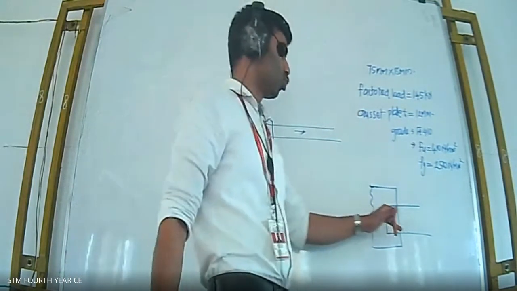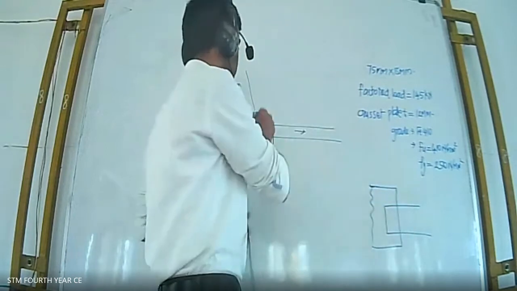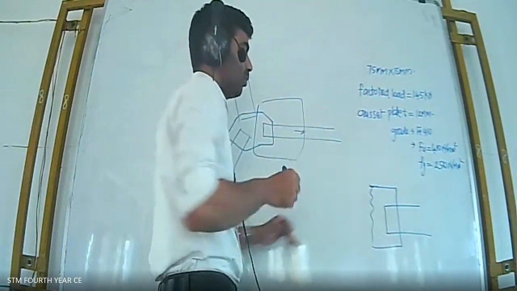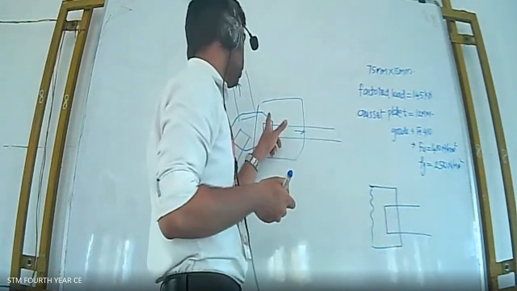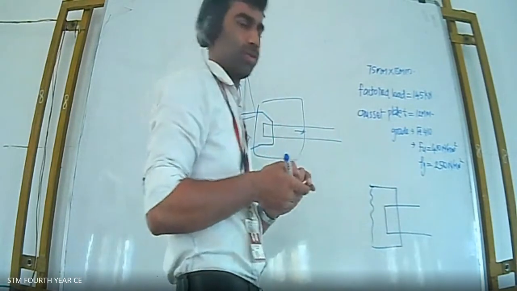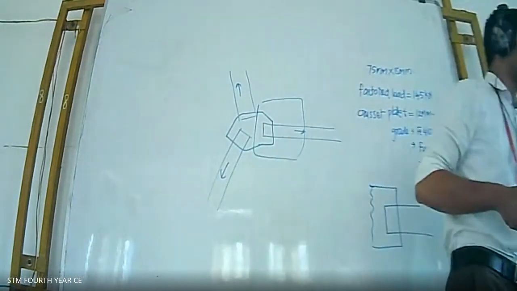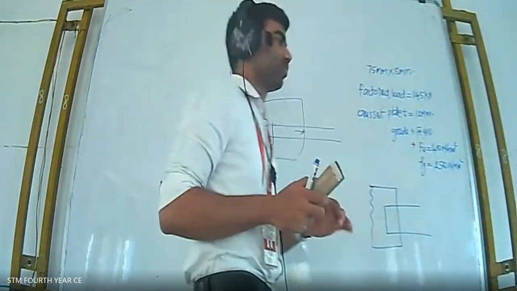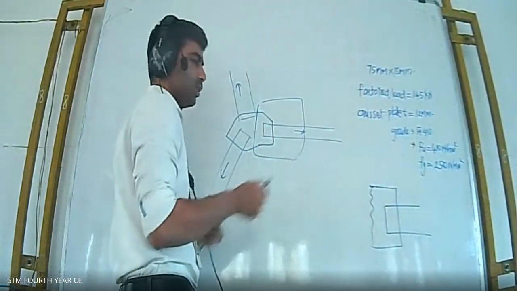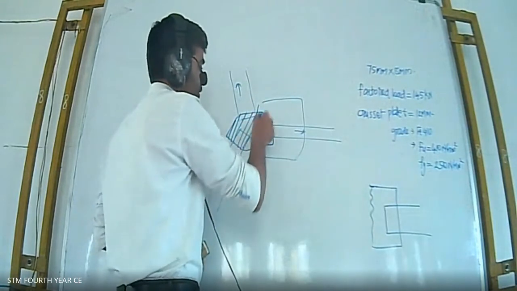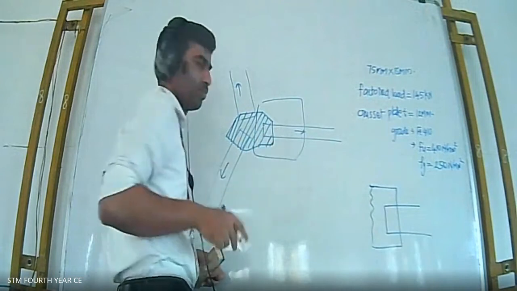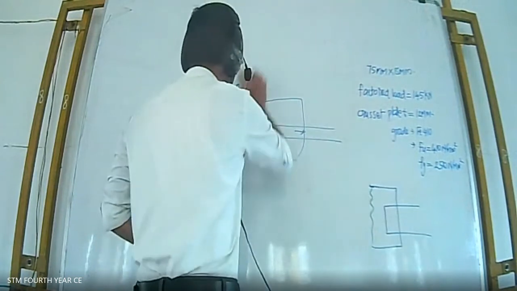I am zooming this portion. I have to design a fillet weld in this portion only, so I am concentrating on that portion only. I hope the concept of gusset plate is clear. The gusset plate is this one, the plate that we have provided here.